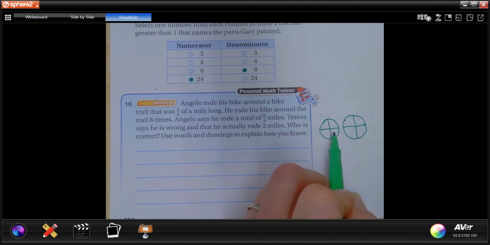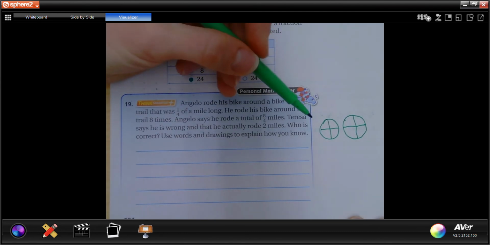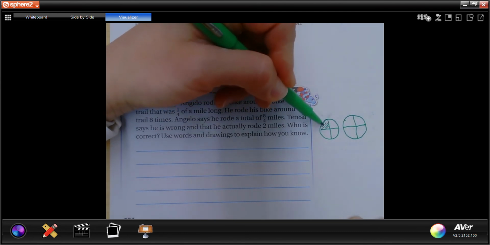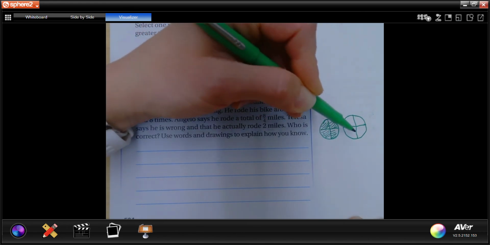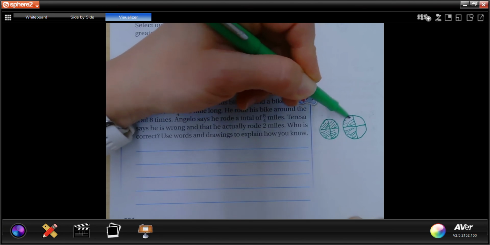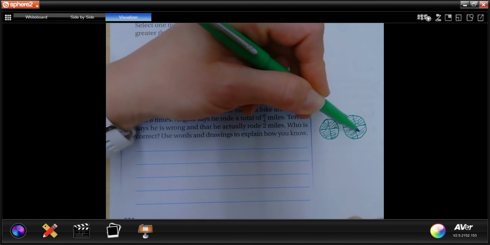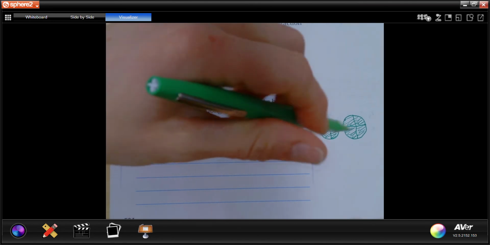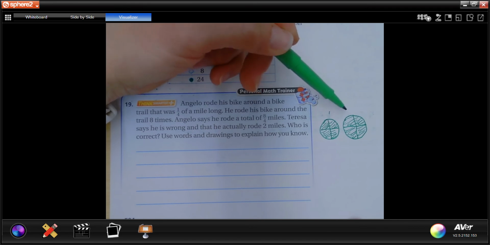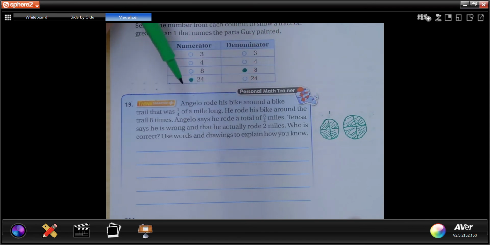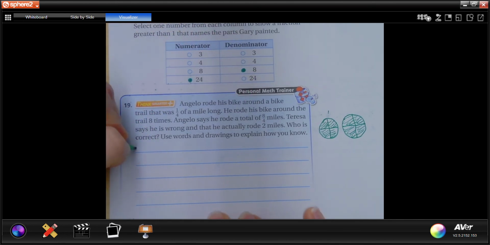So 1, 2, 3, 4, 5, 6, 7, 8. Okay, so we know that he rode 1 lap, 2, 3, 4, 5, 6, 7, 8 times. How many wholes do we have? We have 2. So who's correct? Yeah, they both are. Both are correct.